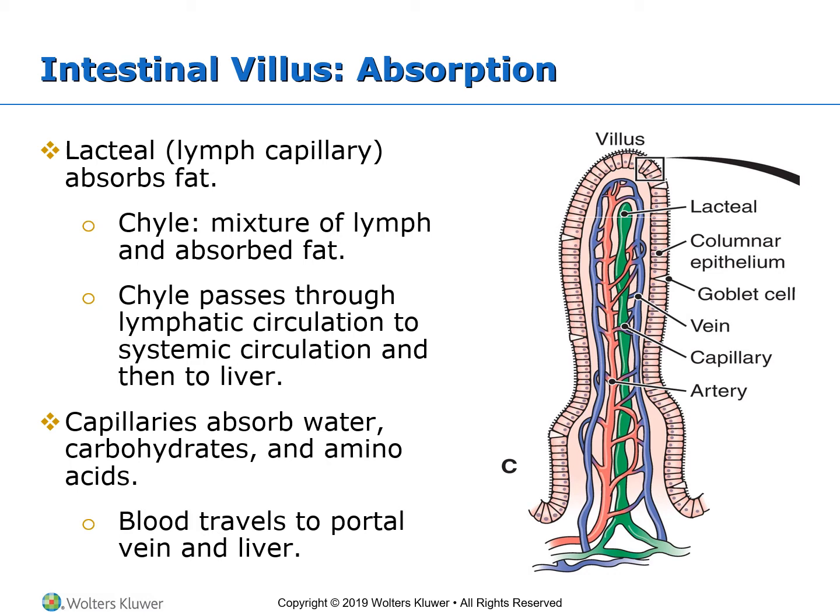And from here, if you remember, all the blood that is drained out goes into the superior mesenteric vein, will join the splenic vein and will be passed through the liver, making the portal vein that will run this blood through the liver to be processed or stored or released or filtered if needed.